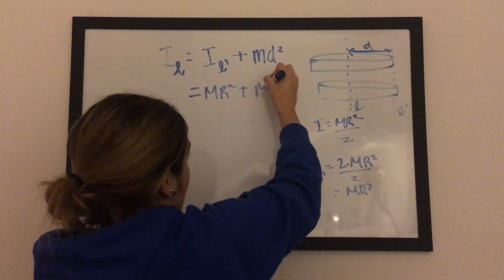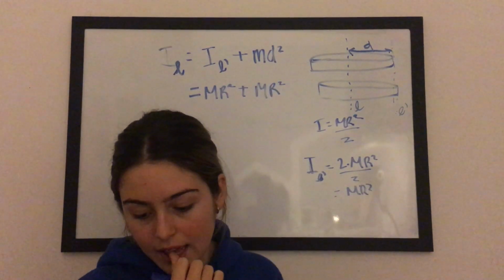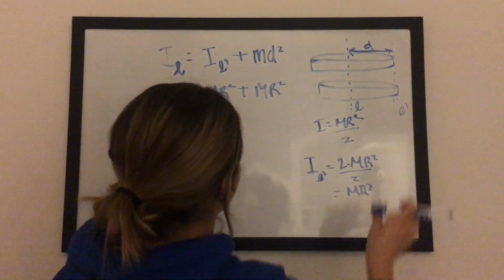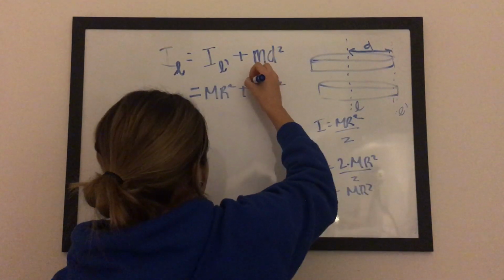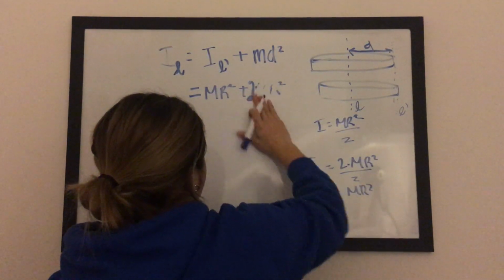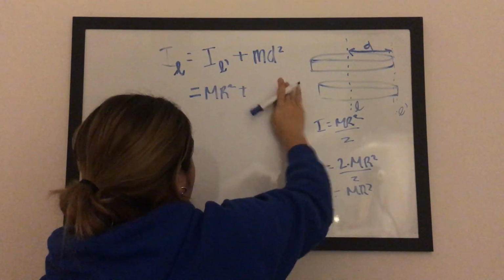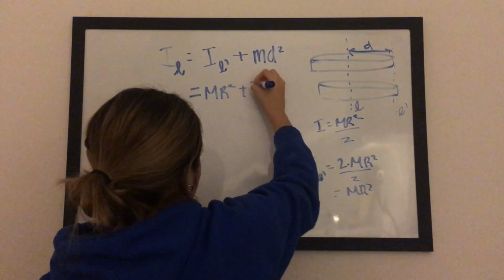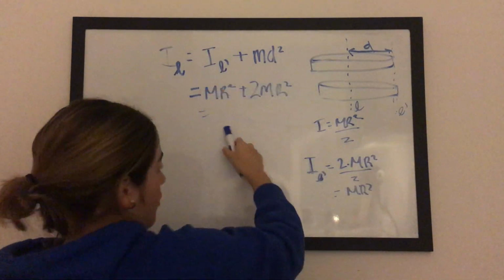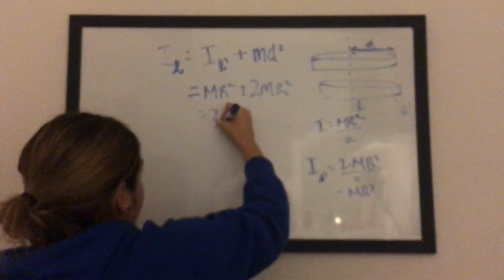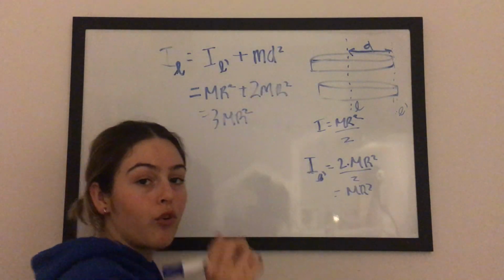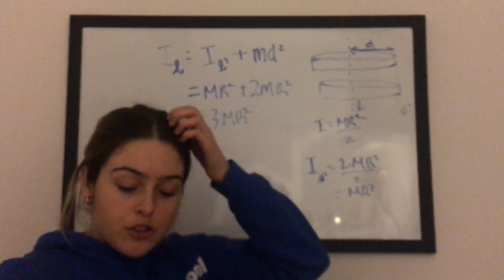And the distance is 2 times the radius, so since it's two disks, this is actually going to be 2 times mr squared, and you add that together to get 3 mr squared.